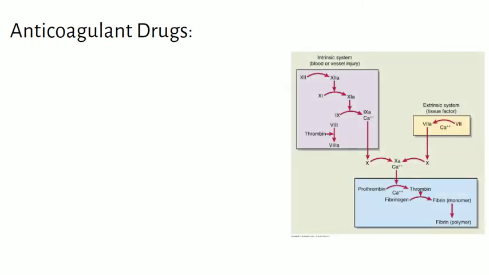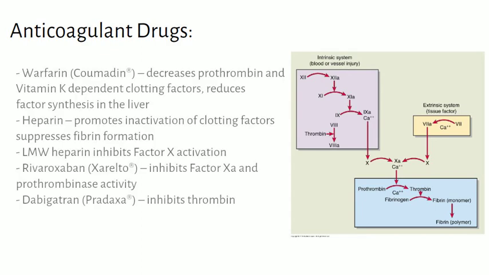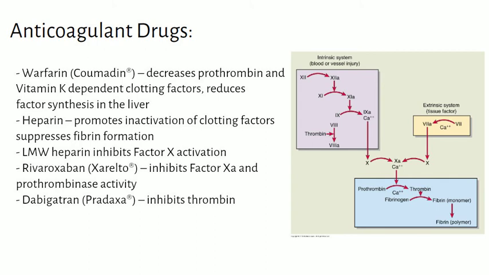There are a number of anticoagulant drugs that target steps along the blood coagulation pathway. Warfarin, brand name Coumadin, decreases prothrombin and vitamin K dependent clotting factors by reducing factor synthesis in the liver.